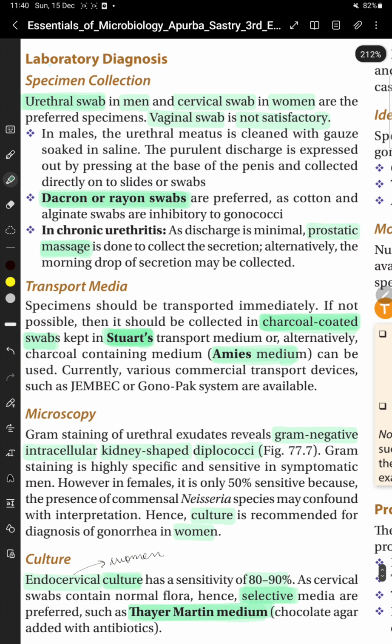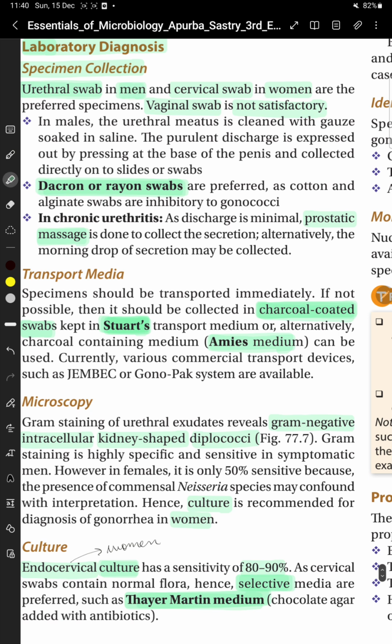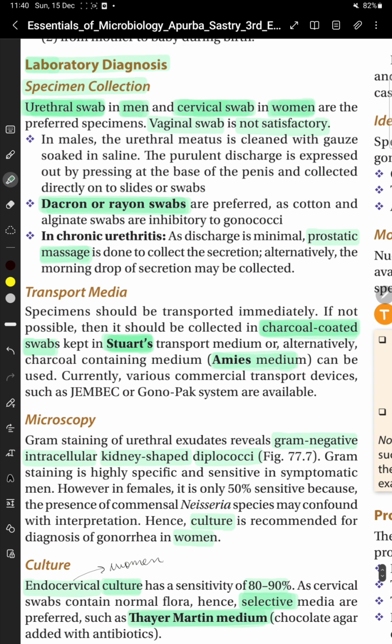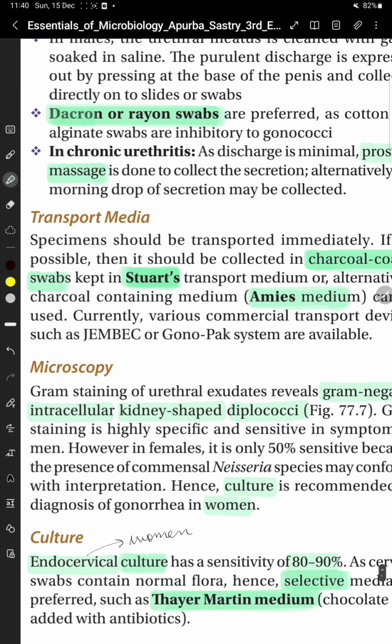The laboratory diagnosis of gonorrhea begins with specimen collection, which is different for men and women. For men, the urethral swab is the preferred specimen, and for women, the endocervical swab. Dacron and Rayon swabs are preferred.